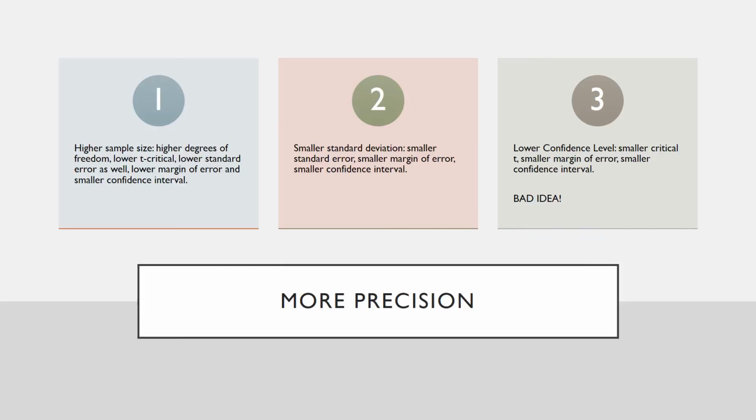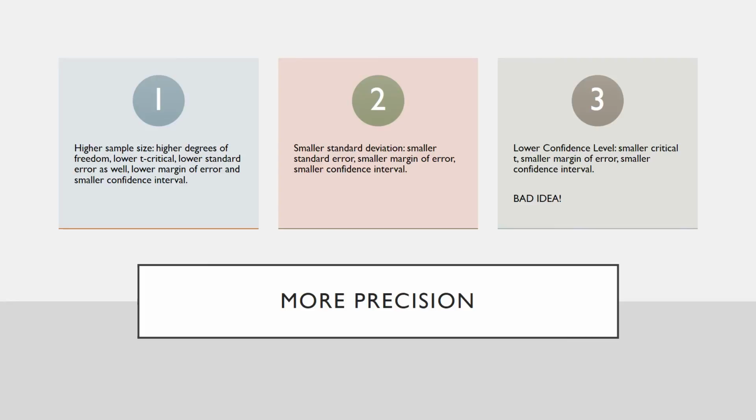And then number 3, you can have a lower confidence level, which means you have a lower critical T, a smaller margin of error, and a smaller confidence interval. But this is a bad idea, because if you have, for example, 20% confidence, then that means only 20% of the time your confidence interval is going to contain the true population mean or difference of means.